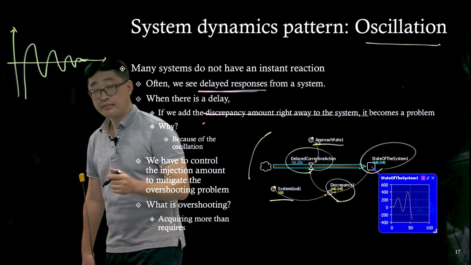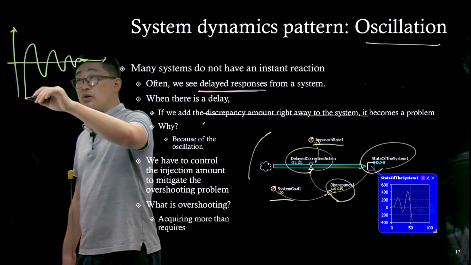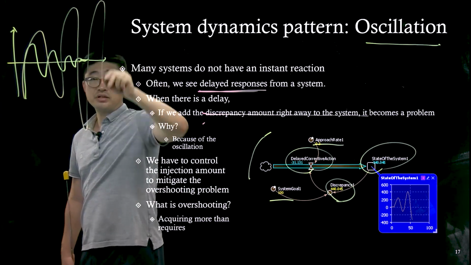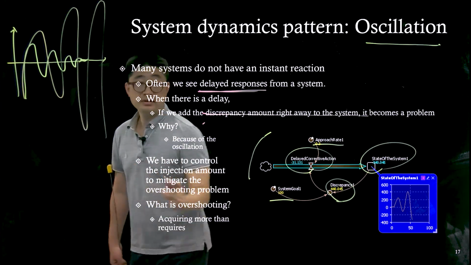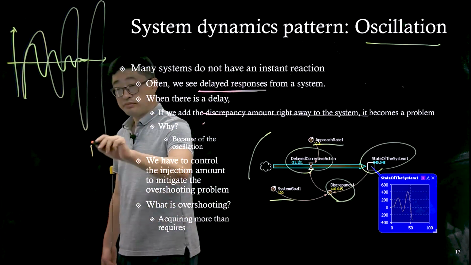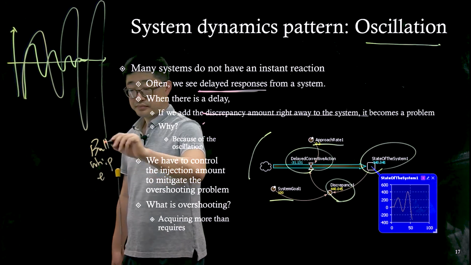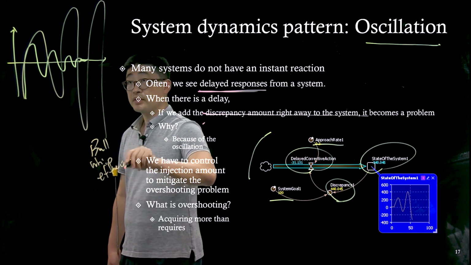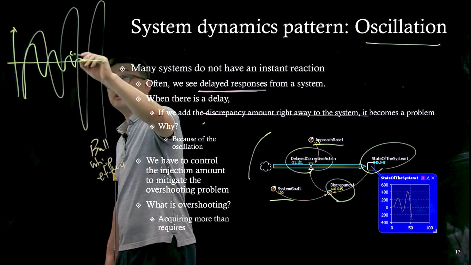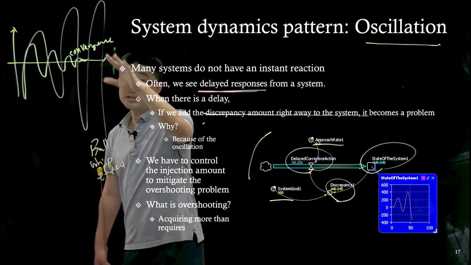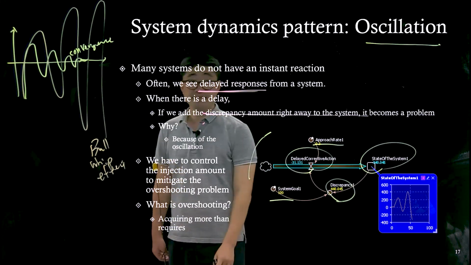However, in a certain case, our approach will make bigger oscillations, like this. And this will make a bullwhip effect, rather than this convergence. And what's the difference between these two cases?